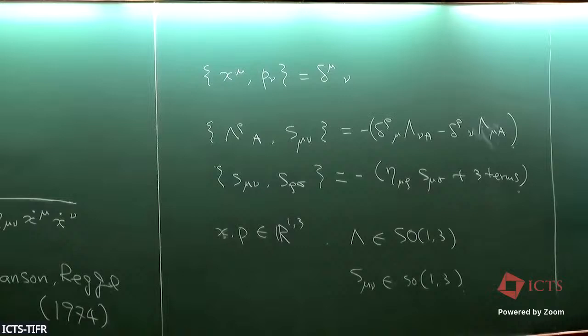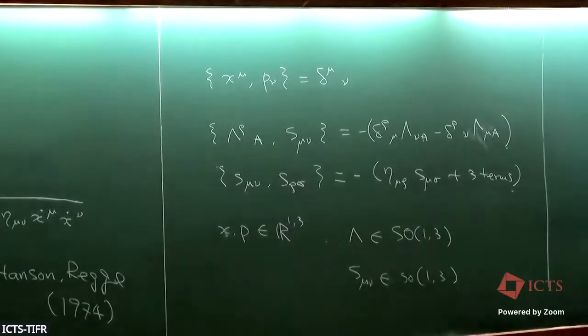I mean, the real degrees of freedom are only for rotations. So we want to kill the boost part. But there is one technical obstruction, that is boost generators. If you just take them naively, then they don't form a closed algebra. So yeah, that I think is the main reason for the complication.